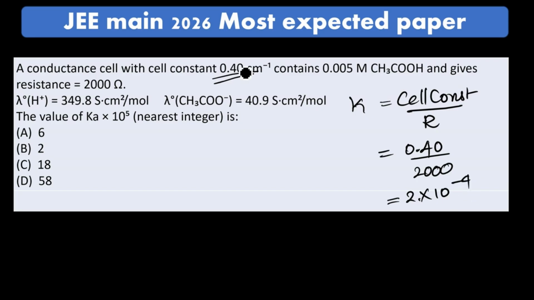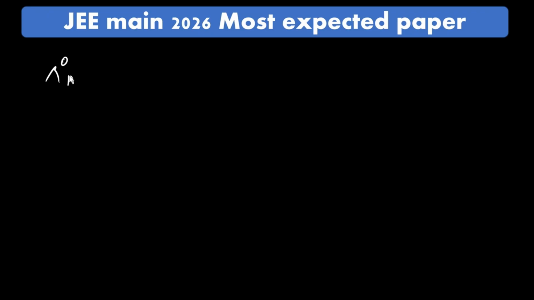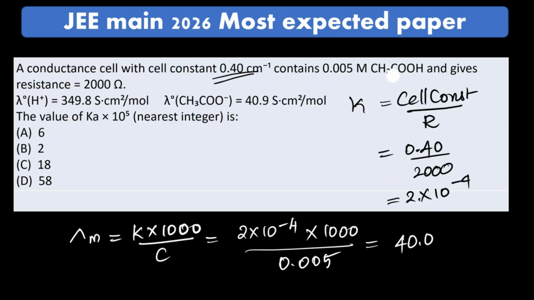It is conductivity. After that, I can find molar conductivity, that is kappa into 1000 divided by concentration. Then that is 2 into 10 to the power minus 4 into 1000 divided by, what is the concentration? 0.005, which is 40 Siemens centimeter square per mole. After that, you can find Λ naught m, here I have acetic acid, right?